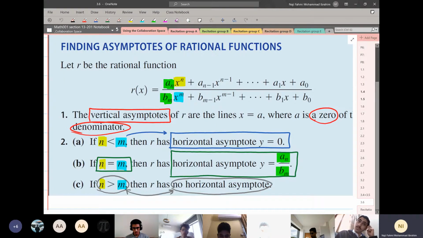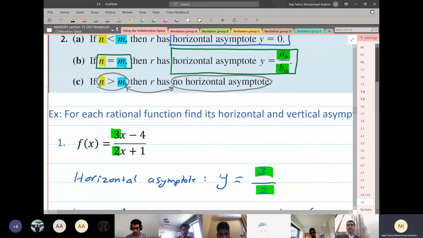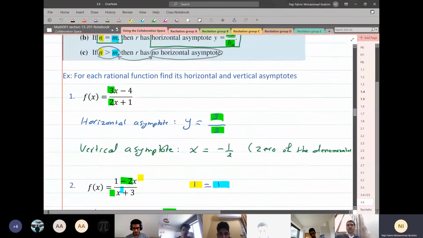And if the degree of the numerator is more than the denominator, we say the rational function has no horizontal asymptote. And we did some examples of how to find asymptotes.